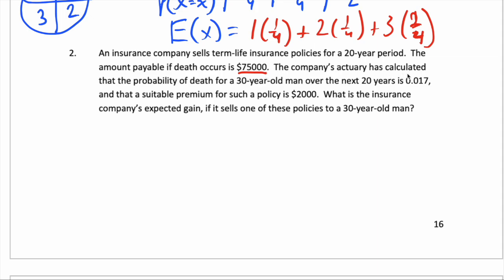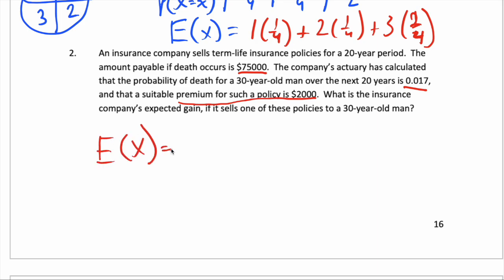The company's actuary has calculated that the probability of death of a 30-year-old man over the next 20 years is this. So that's the probability. Find the suitable premium for a policy. The suitable premium for the policy is $2,000. So this is how much you have to pay. What is the company's expected gain?